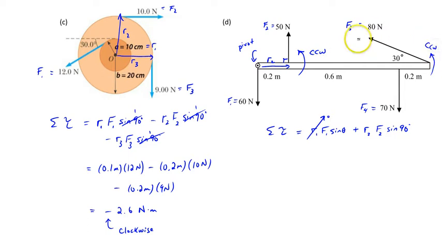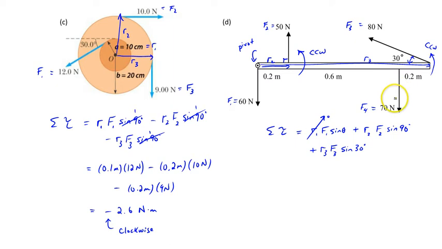So this next torque from force 3 is also positive. So we have R3 multiplied by F3 multiplied by the sine of the angle. In this case, it's not 90. R3 is from all the way here to here, from the pivot point right to this point where the force acts. And the angle formed between this vector and the force vector is this angle right in here. That's 30 degrees. So sine of 30 degrees here.